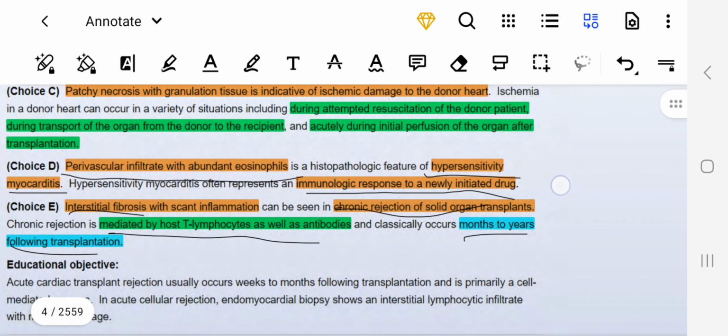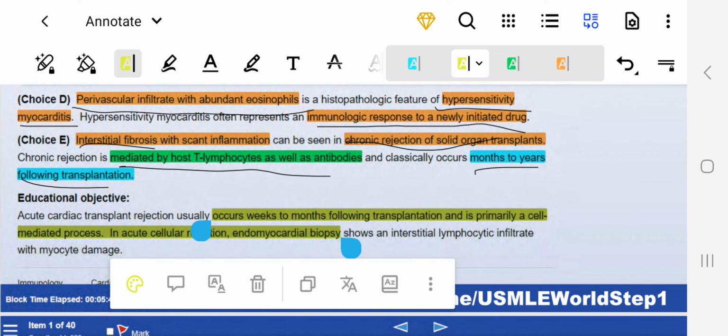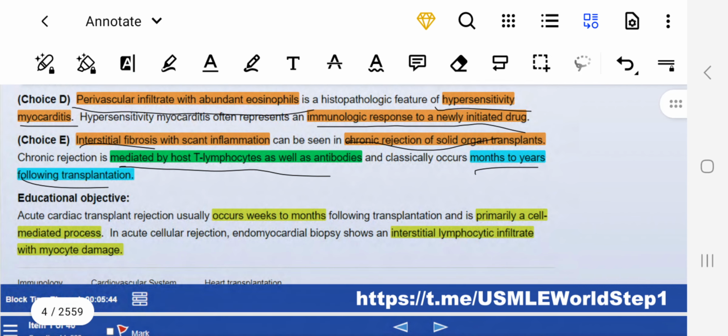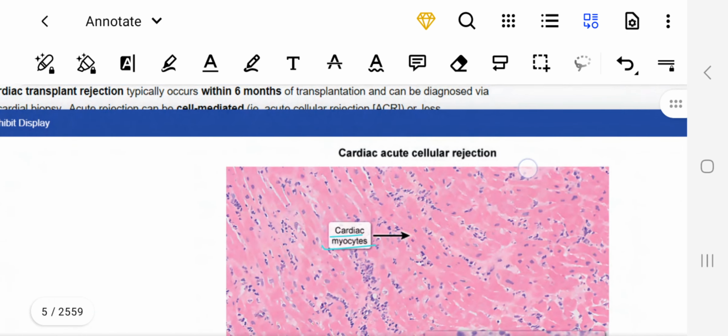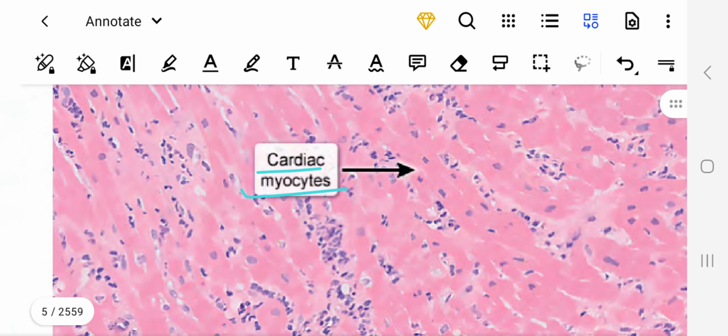So what we get is acute cardiac transplant rejection usually occurs weeks to months, right? Weeks to months following transplantation and is primarily cell mediated, right? An acute cellular rejection on myocardial biopsy shows interstitial lymphocytic infiltrate with myocyte damage, right? So we have done the first question. So these are cardiac myocytes, right?